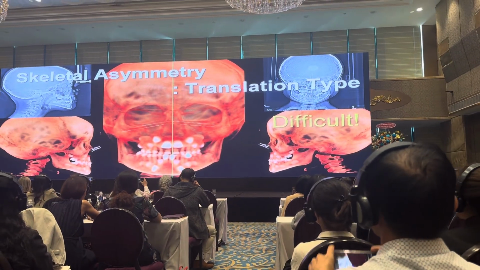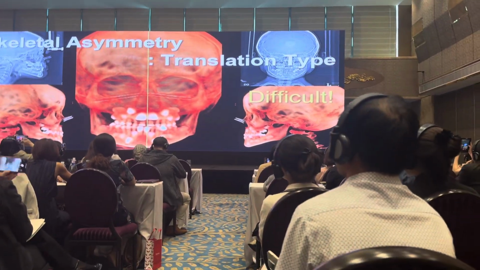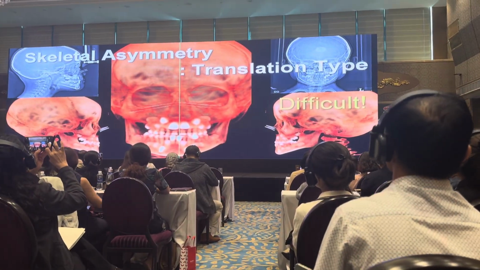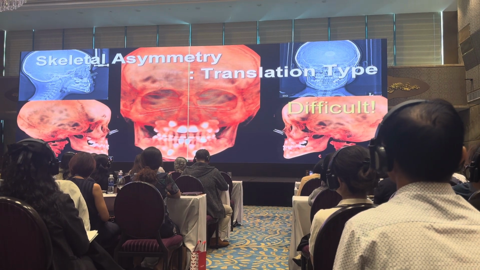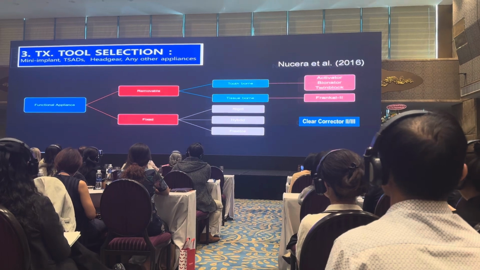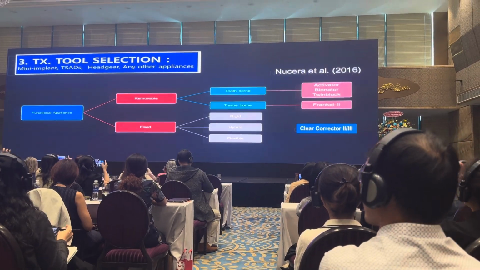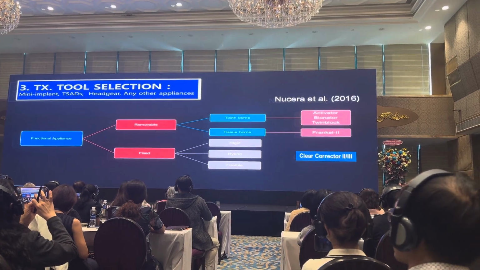Therefore, usually for this patient, the treatment is quite difficult to achieve. Already the mandible growth was like this. But we decided to apply a different approach because this patient did not show quite a definite difference in right and left side muscle activity.